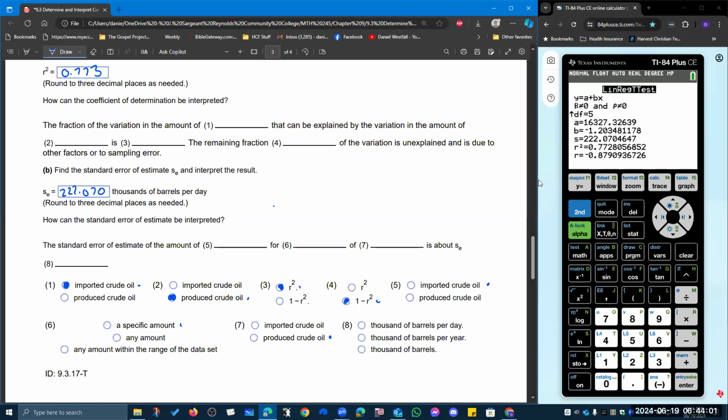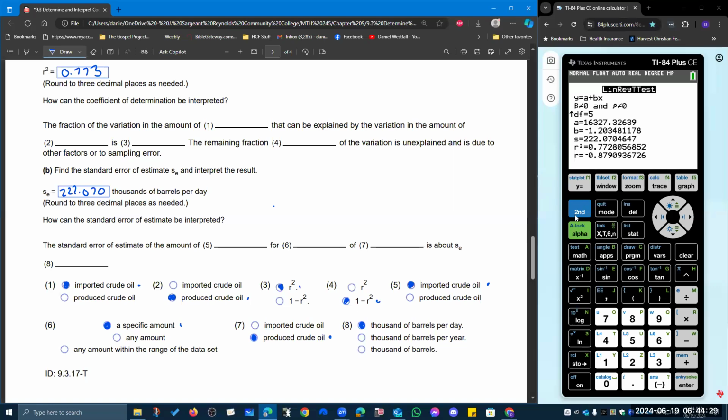And the standard error of estimate of the amount of imported crude oil, which is y, for a specific amount of produced crude oil x, is S sub E here, and S sub E is measured in thousands of barrels per day.